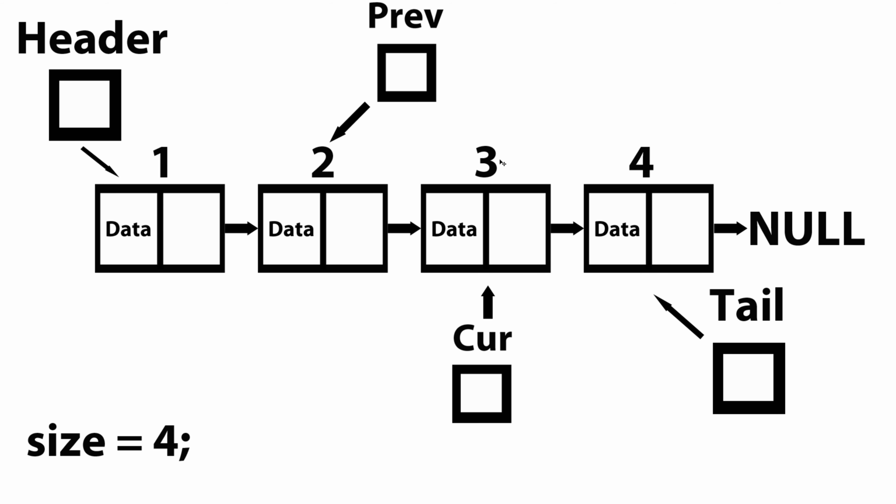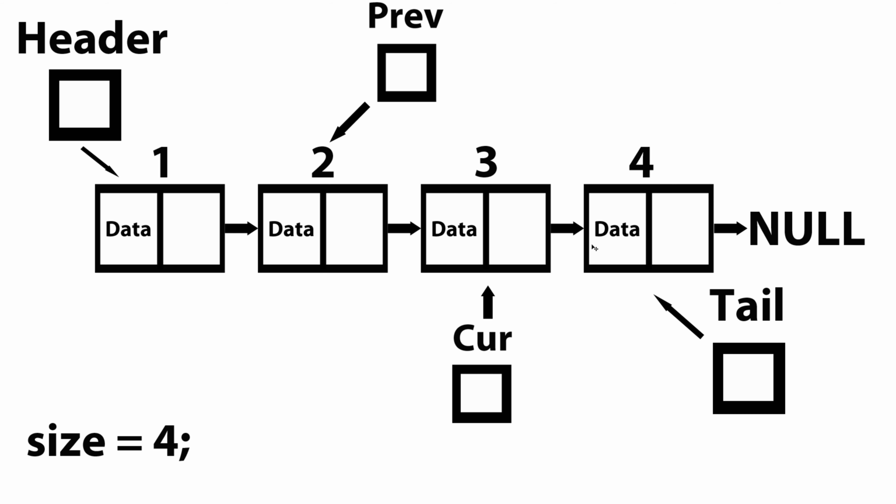Alright, so now let's think of this logically. Before I could say delete the current node, what does the current node have that the previous node needs? Well, the current node has a pointer to the next in line. So now I could say prev arrow next, which will give me this pointer, is going to point to what current arrow next is pointing to.